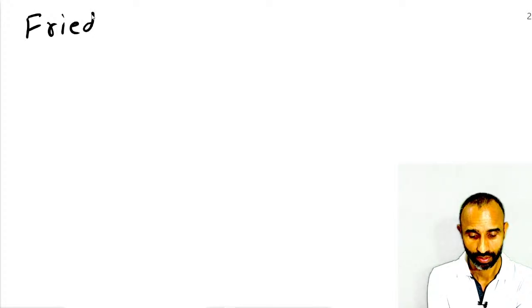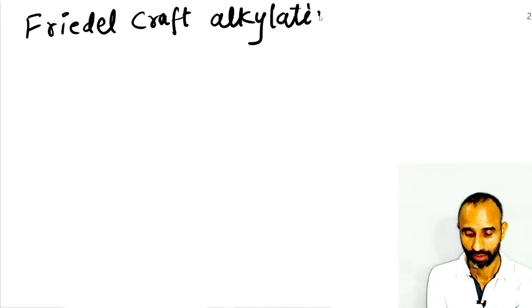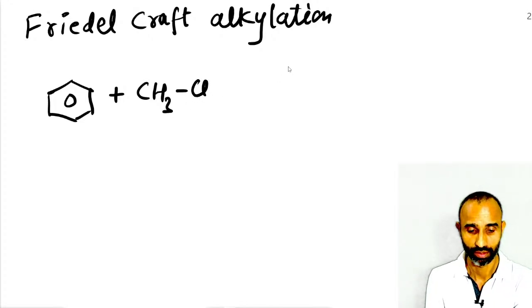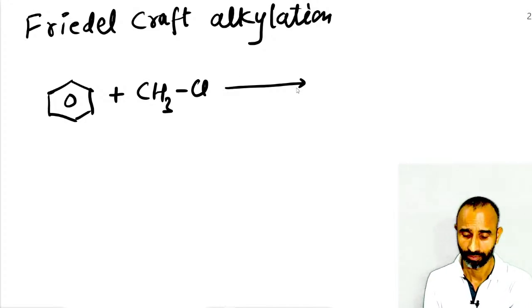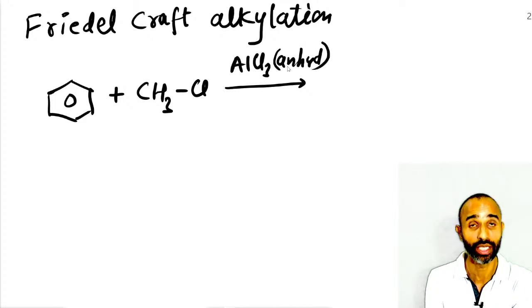Friedel-Crafts alkylation and acylation. So in Friedel-Crafts alkylation, benzene reacts with, let us say, chloromethane, and we have again catalyst as anhydrous AlCl3.